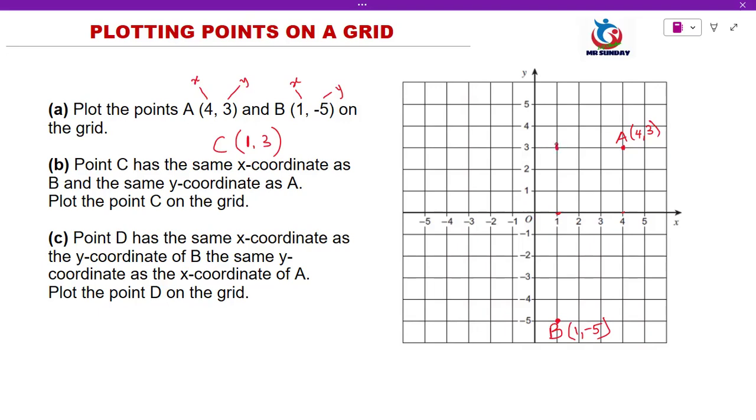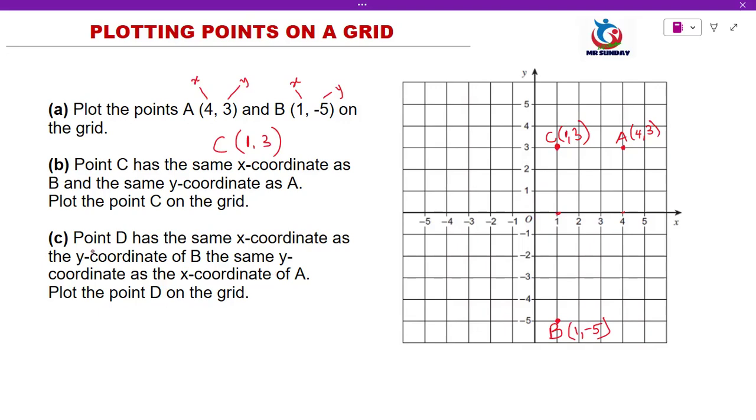This is the point here, and that is point C. So you just say C, and if you still want to indicate, you can just say 1, 3. That is the coordinate for C.